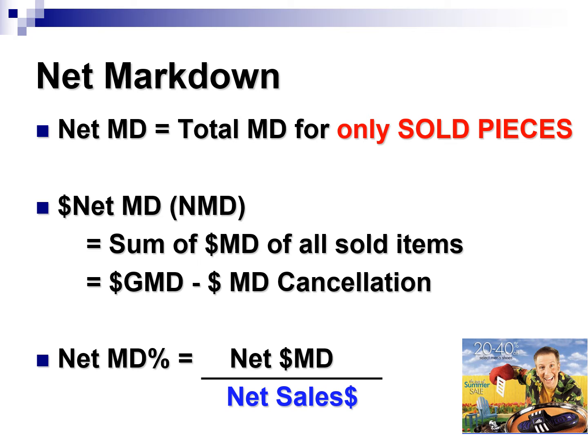So knowing all these things already, you should know that the net markdown percent is part of the reductions, which is percent of net sales, so the discussion is extended here. Net markdown is always percent of net sales, and it's calculated by dividing net markdown dollar by net sales dollar.